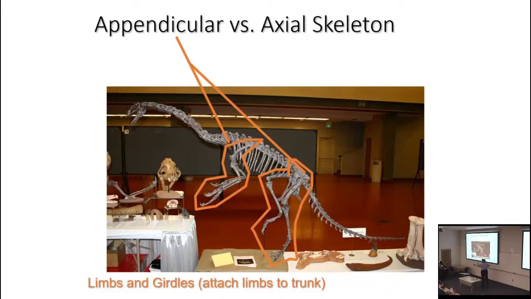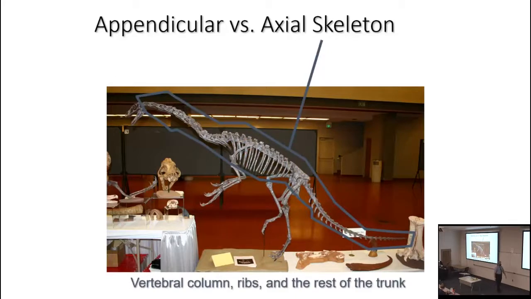These are the limbs, the front limbs and the hind limbs, the arms and legs, if you will, and the girdles that attach the limbs to the body. This would be the shoulder material and the hips. And then the axial skeleton is the trunk of the body. Essentially the vertebral column, the ribs, and anything else that's down this main axis of the body.